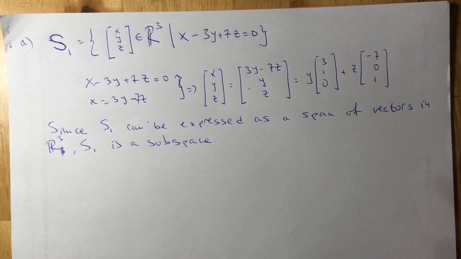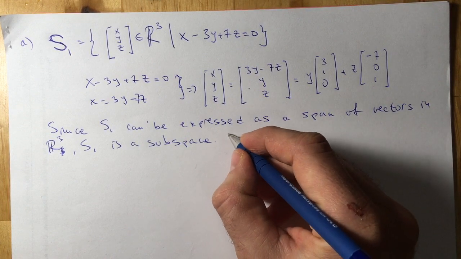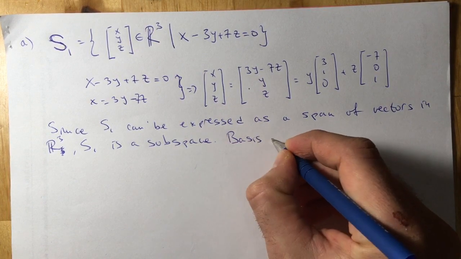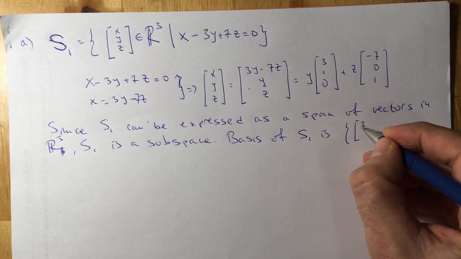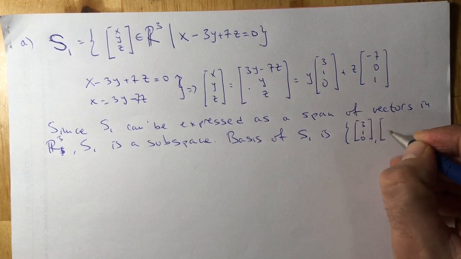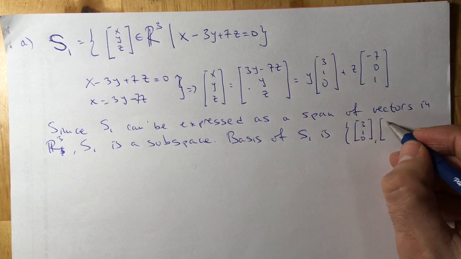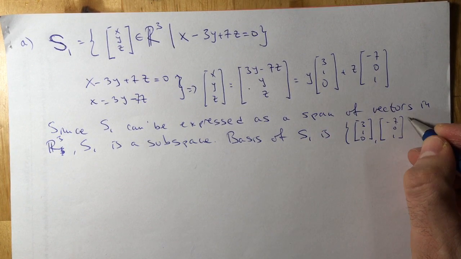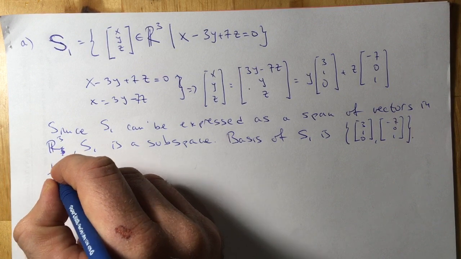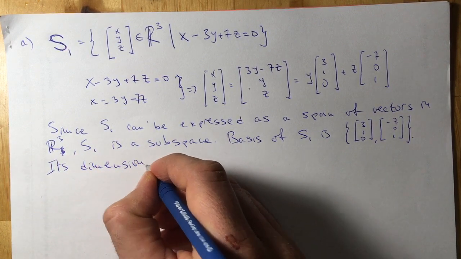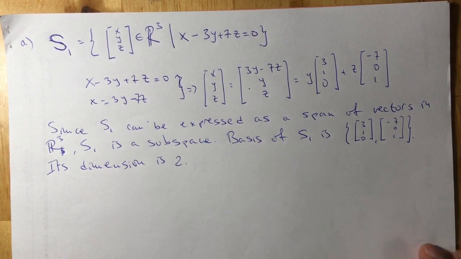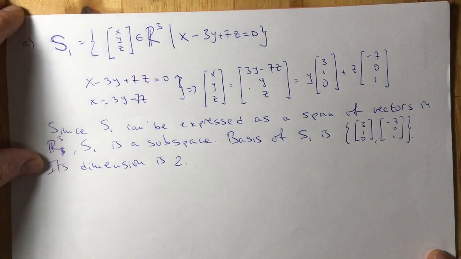The basis of S1 is the set consisting of the vectors (3, 1, 0) and (negative 7, 0, 1). Its dimension is 2.